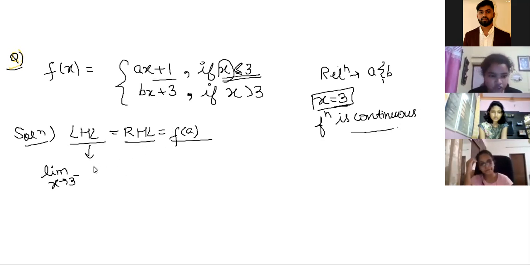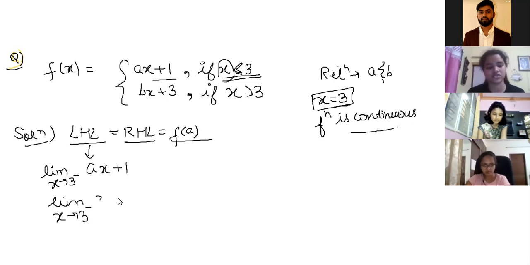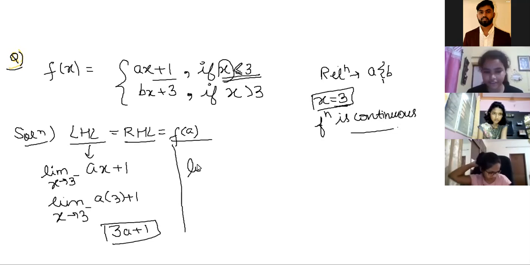Okay, so we'll write this and we'll substitute 3 in place of x. So we'll have an expression 3a plus 1 from the LHL part. After that, if we have to find RHL, then we'll do this.